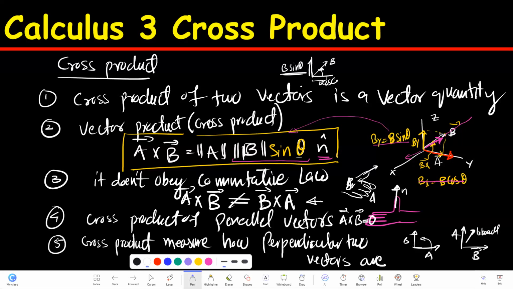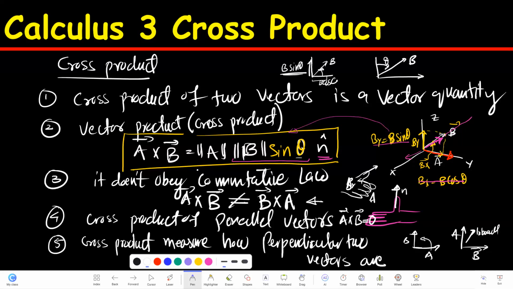So this is what I use now. But suppose I have another situation where vector B is this, but the angle is given from this axis. So you have to make sure which angle you are given in the problem, or you are able to convert the angles according to the formula.